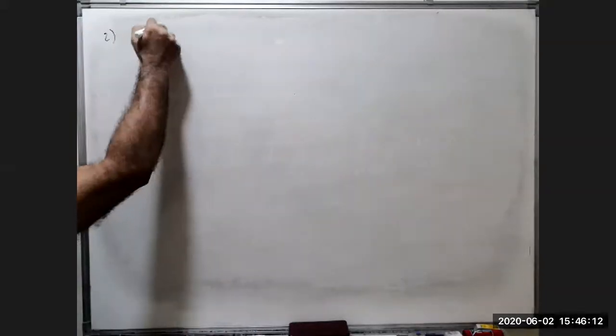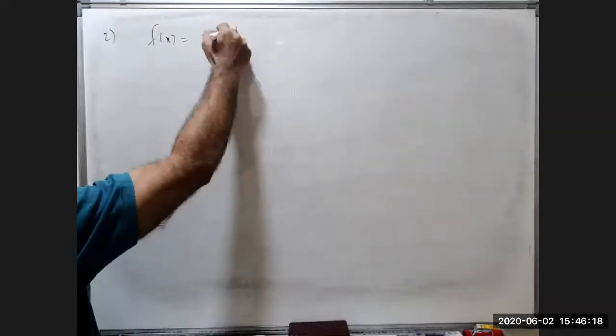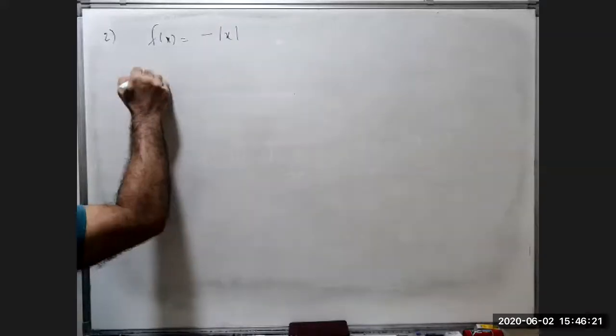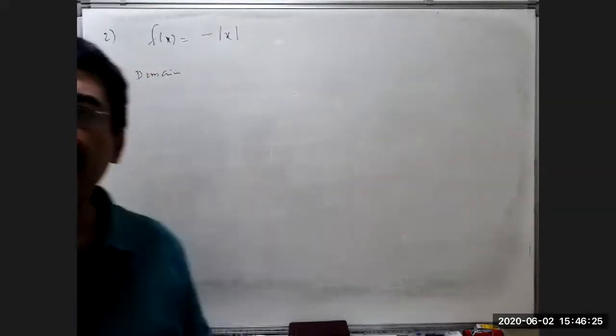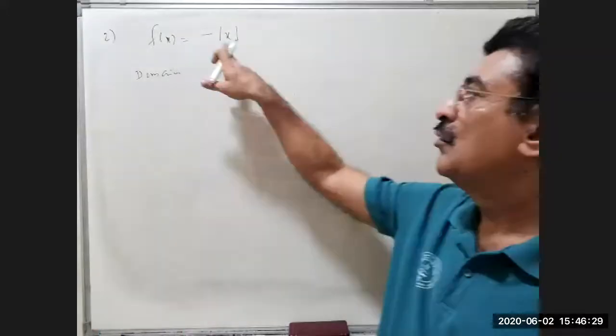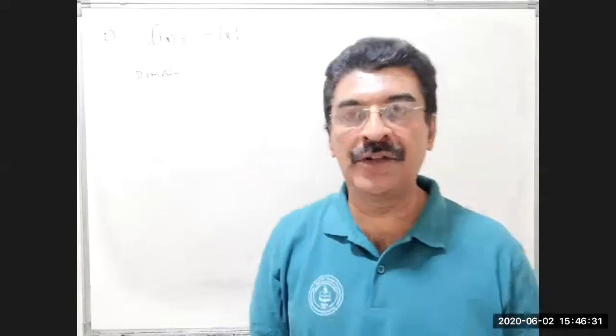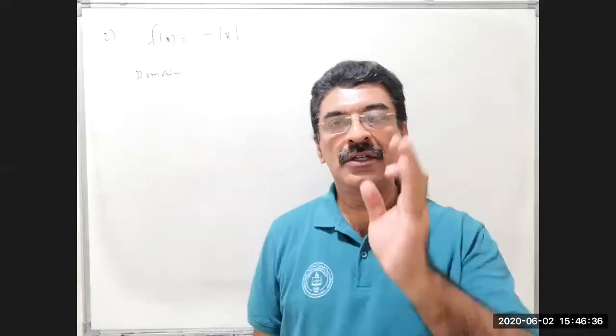Domain means, so f of x. f of x is minus modulus x. See, domain means the x values. When we write modulus of x, just think: can this x be positive?